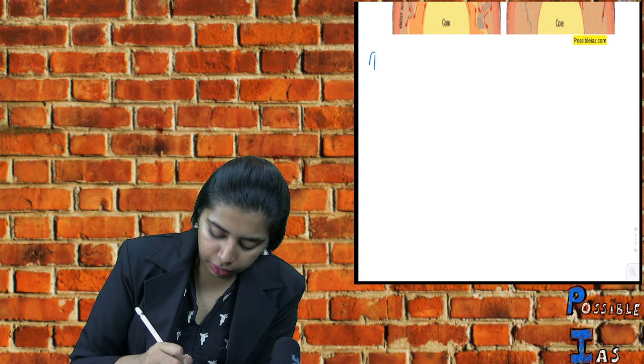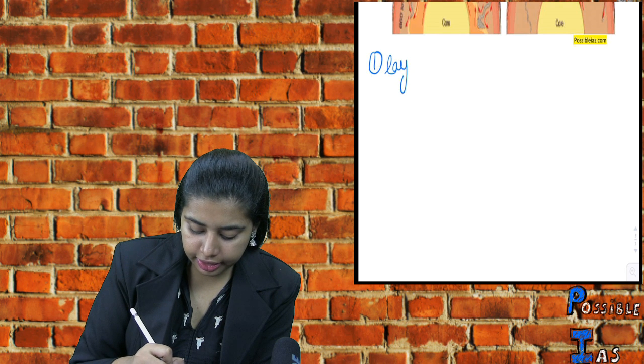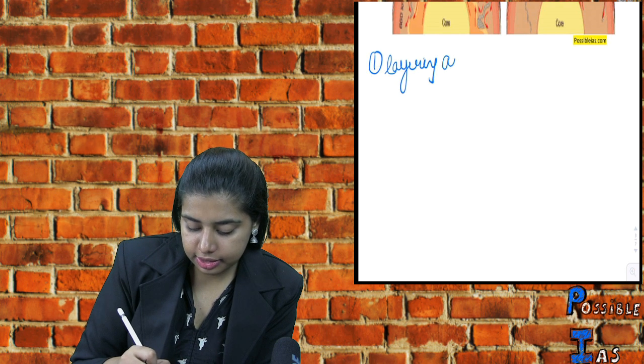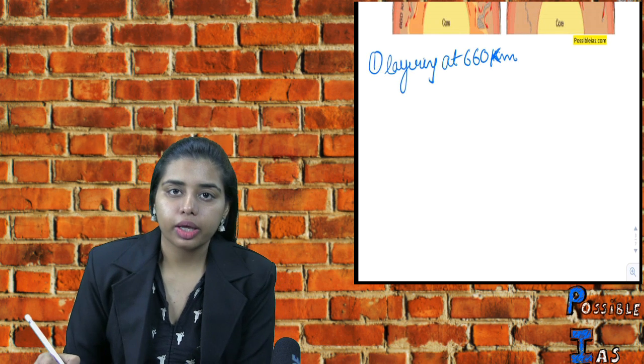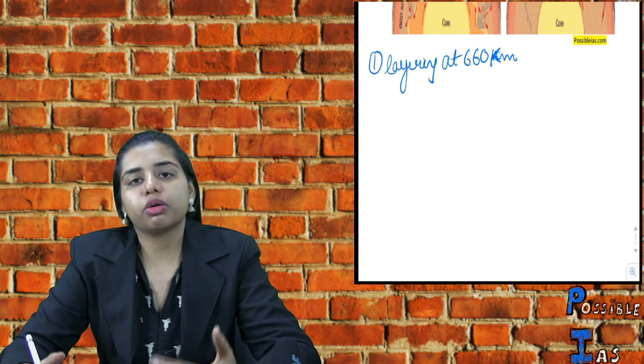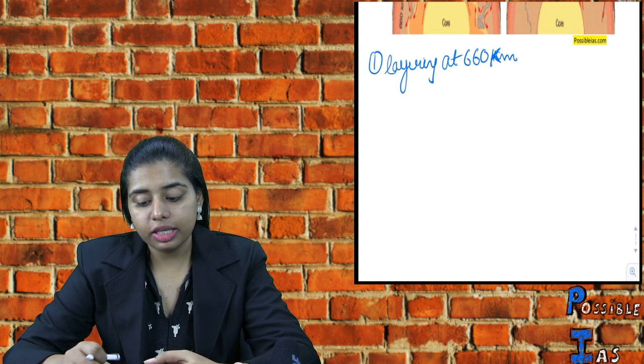The first model that was given, number one, was known as layering at 660 kilometers. The scientists had observed that the magma that is coming out at the mid-oceanic ridges is different in composition than the magma that is coming out at hot plumes.